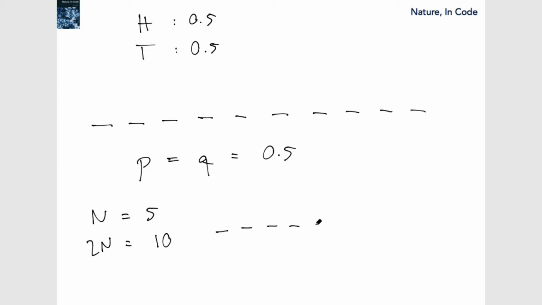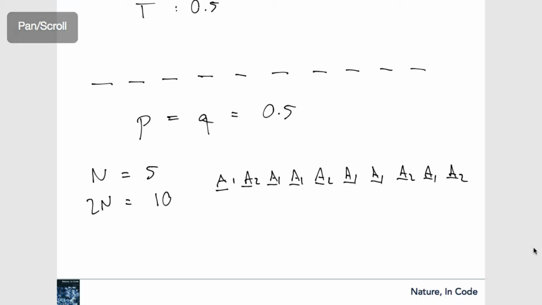So I could just draw here these 10 positions, and now rather than throwing coins and having H and T's, I'm basically picking alleles, and I now get something like this: A1, A2, A1, maybe an A1 here, and so on. And so it's very easy to see that this is the exact same situation with H and T, and we can very easily end up in a situation where the frequency P of the A1 allele is now not 50% anymore. And the frequency Q of the A2 allele is also not 50% anymore.